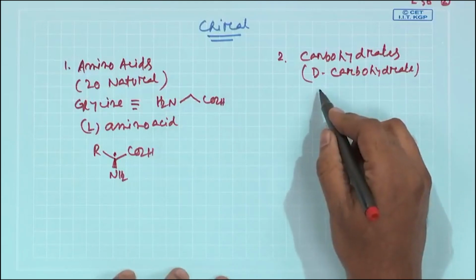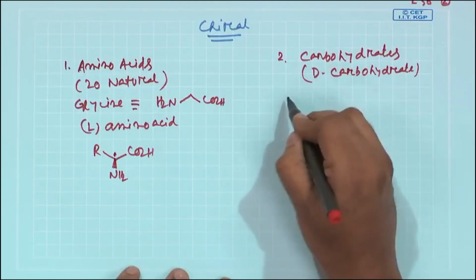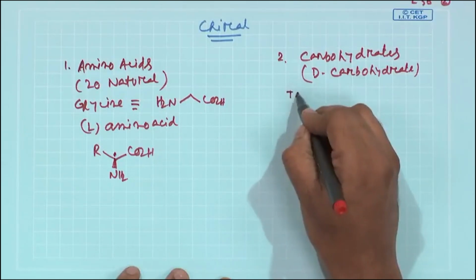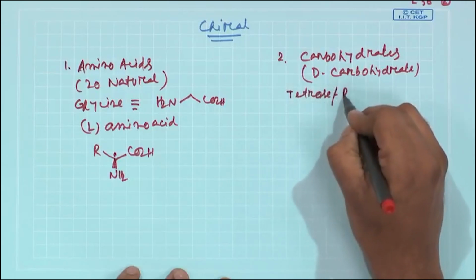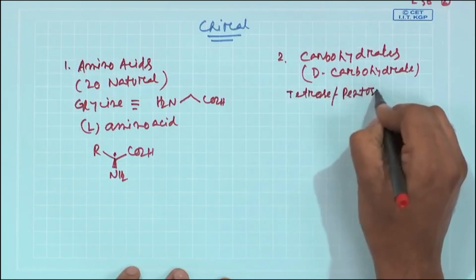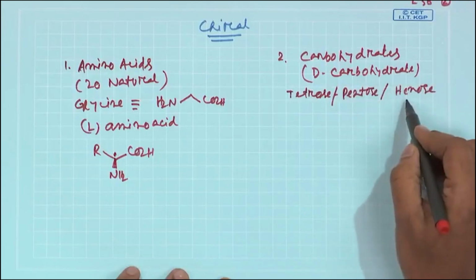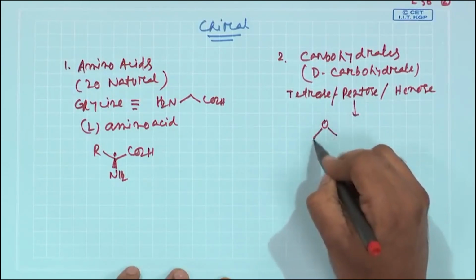Now, out of these carbohydrates you can talk about molecules like tetrose, pentose or hexose. Say, for instance, a pentose like ribose, so D ribose.